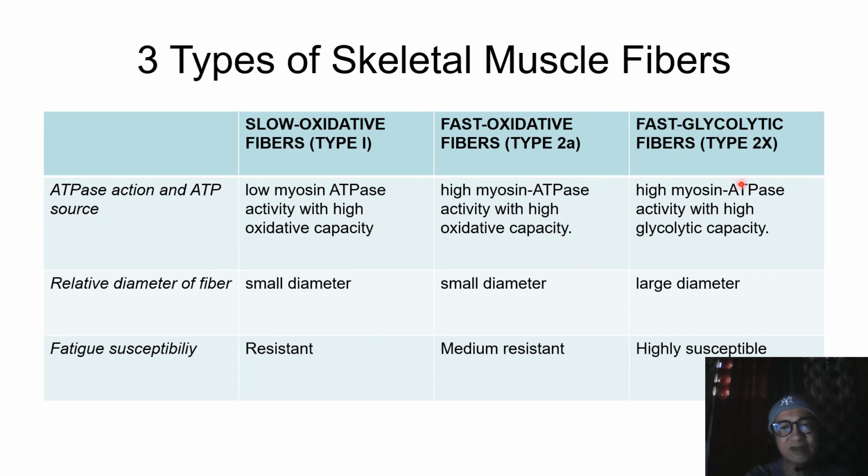And then you have the fast glycolytic fibers, or type 2X, which have a high myosin ATPase activity with high glycolytic capacity. And glycolysis only yields very little ATP compared to oxidative pathways. These types of muscles have large diameters, and so they are thick muscle fibers. And they are highly susceptible to fatigue because of their glycolytic ATP production pathway.